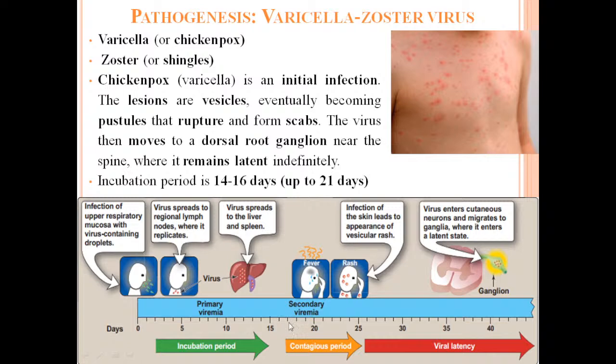We can see from here. It is the stage of secondary viremia, when the virus enters the blood once more from internal organs where it replicates, and it causes infection of the skin that leads to the appearance of a vesicular rash.